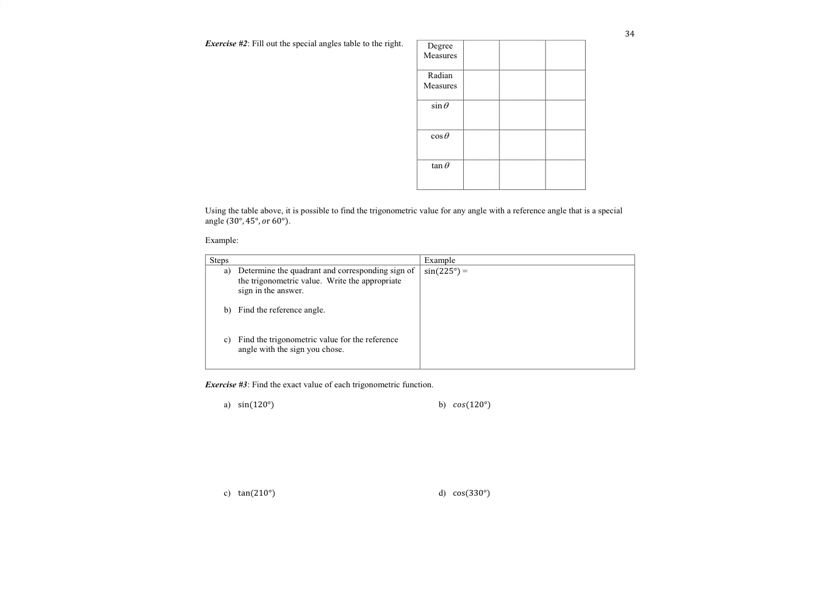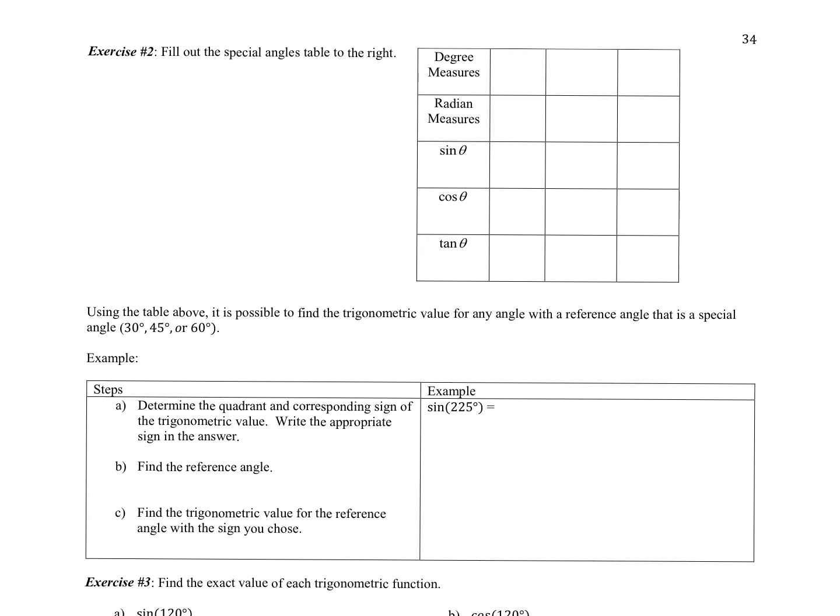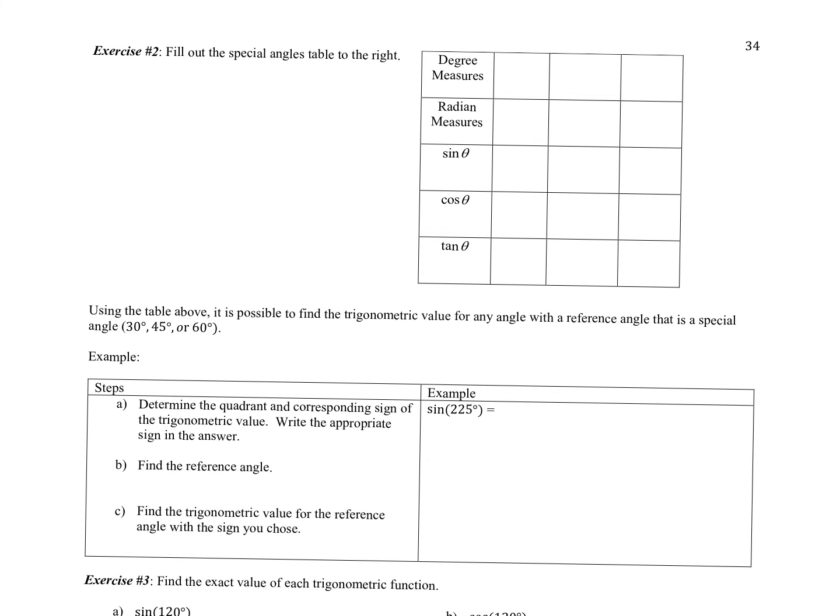So on this page, we're actually going to do the setup for these problems, and then we'll do one of them, but then I'll probably do more examples on the next page. So for this, we're going to start out and copy down that special angle table that everyone should have memorized now.